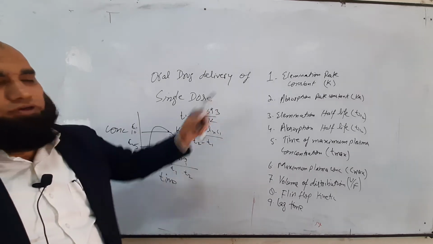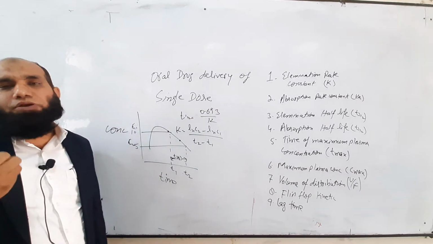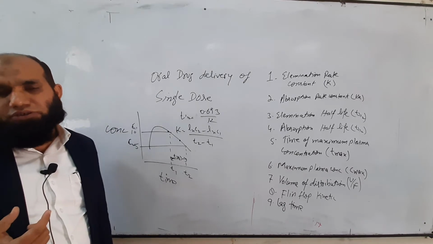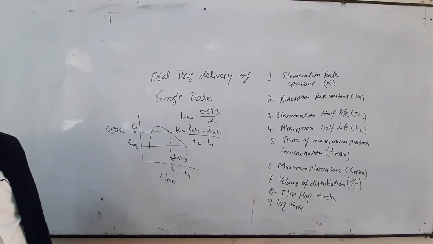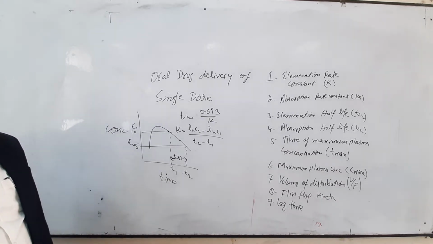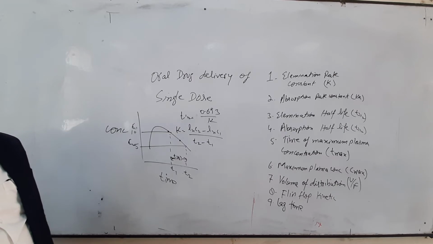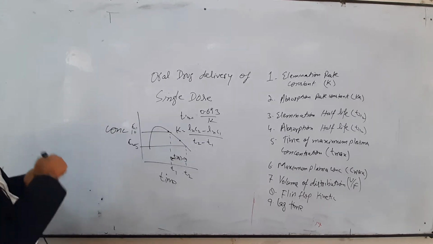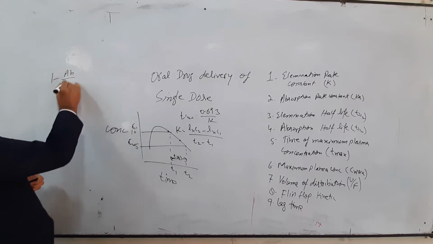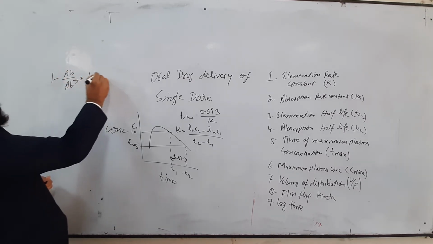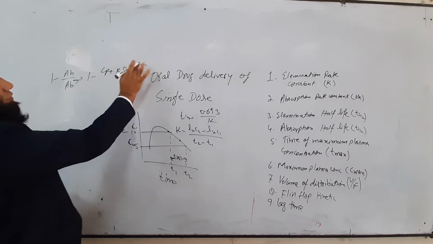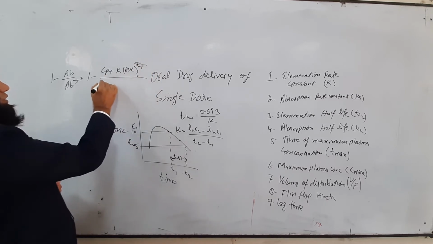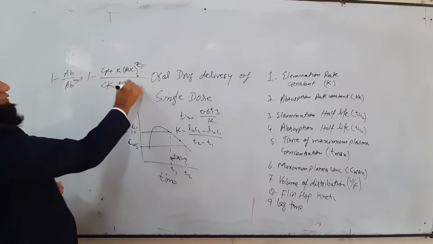Next was the absorption rate constant. We have taken plenty of examples of calculating the absorption rate constant. I have already told you we have three different methods. One was the feathering technique, the other was the Wagner-Nelson method, Wagner-Nelson for the plasma and Wagner-Nelson for the urine. And we made the equation 1 minus AB over AB infinity, equal to 1 minus Cp plus K into AUC 0 to T over K into AUC 0 to infinity.